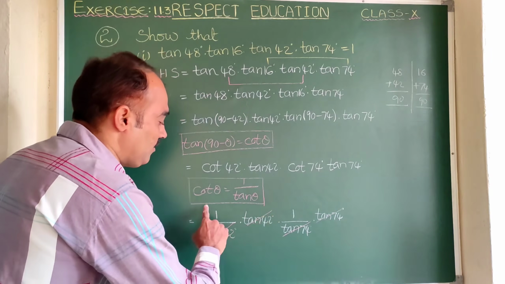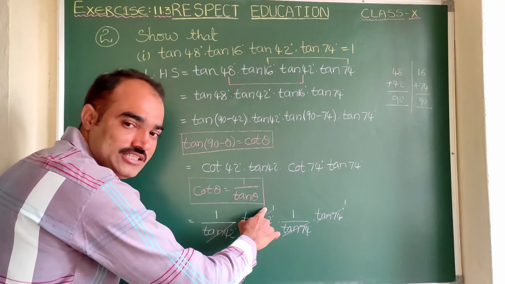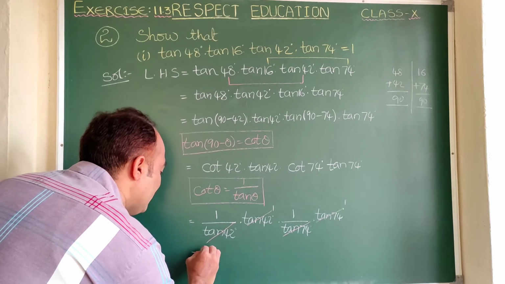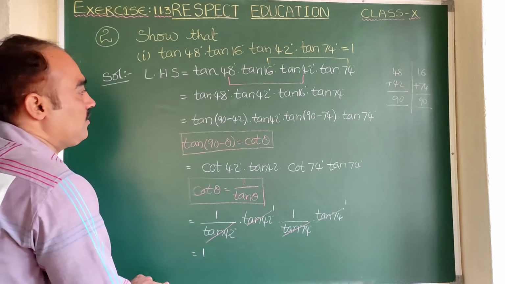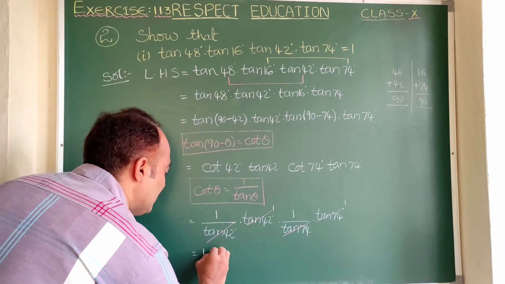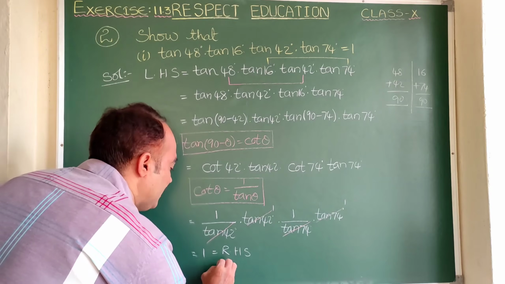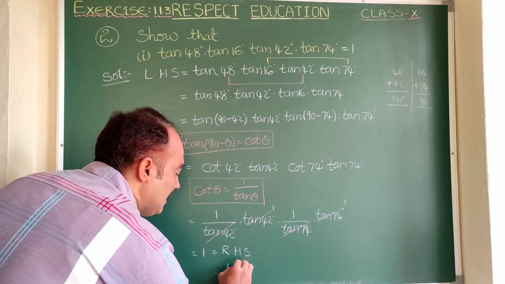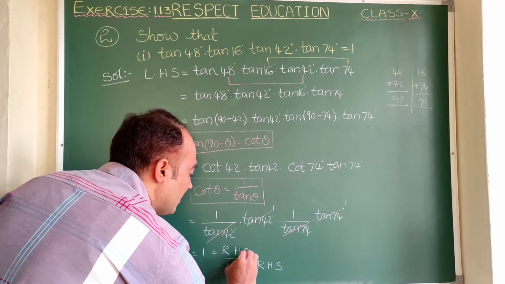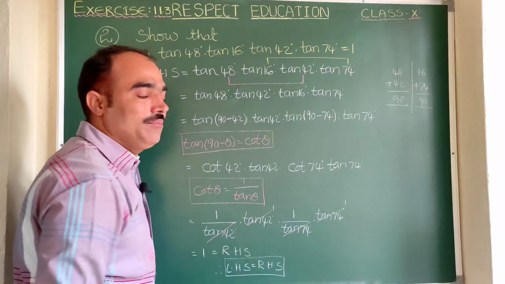So 1 into 1 is 1, 1 into 1 is 1. Finally we get 1. You observe in the given question, this 1 is nothing but RHS. Therefore, if we consider the left hand side, LHS, we got the right hand side, RHS. So with this the first bit gets completed.